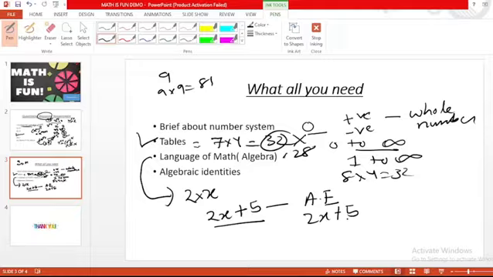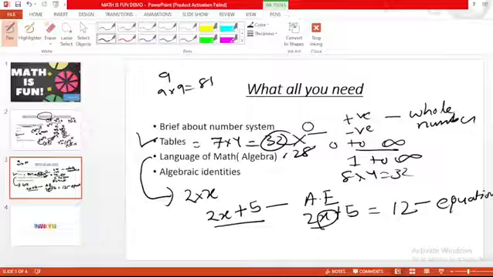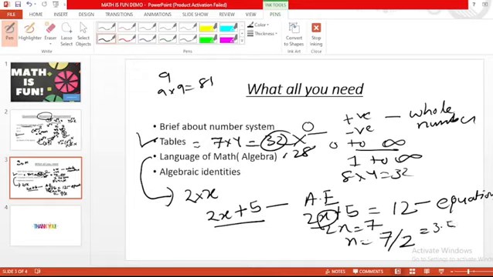This is nothing but an equation. As simple as this. Now Mr. X is no longer an unknown. It is well known now. We can get that 2x will be 12 minus 5, that is 7, and x is 7 divided by 2. Fine. So 3.5 is the correct answer.